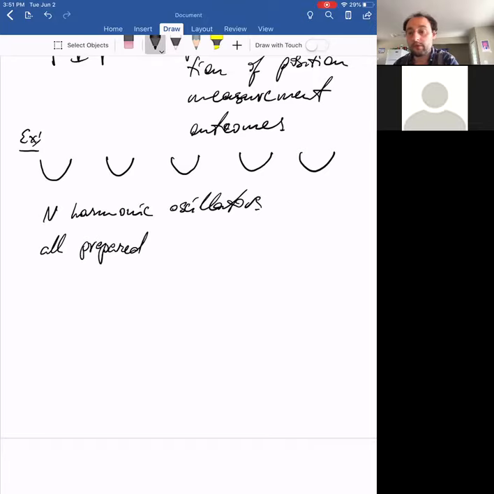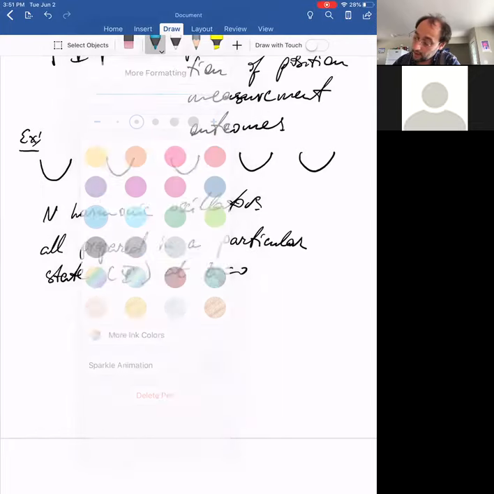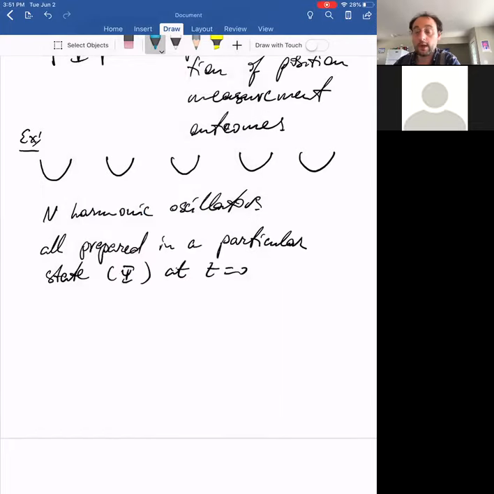For example, psi 1, right? Okay, so at t equals 0, all of these are prepared in some way. Do they have to be prepared in one of the modes of the harmonic oscillators?